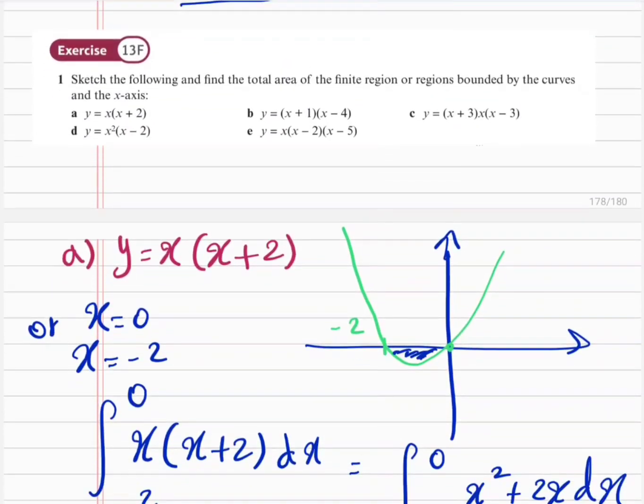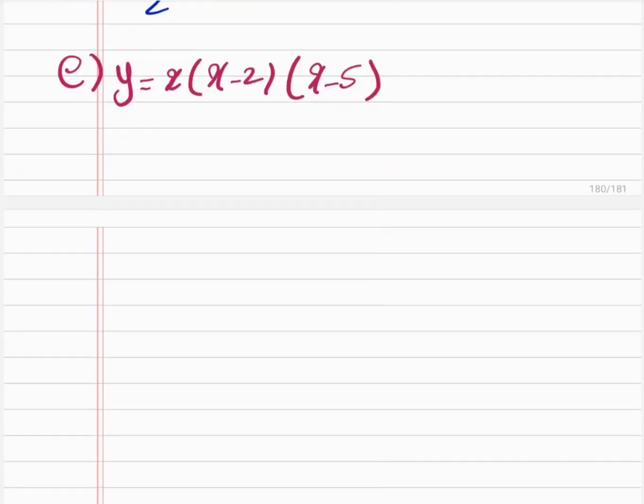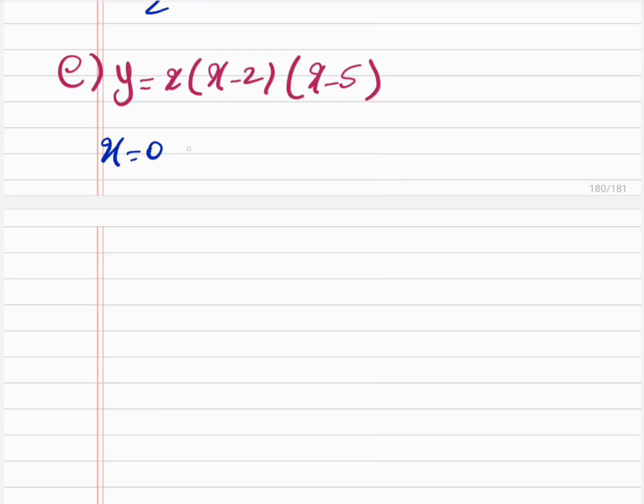Okay, now part E. So part E is exactly the same in terms of the general approach. So we have y is equal to x times x minus 2 times x minus 5. Again, we'll start by finding the solutions to this equation. So x is equal to 0, x is equal to 2, x is equal to 5.